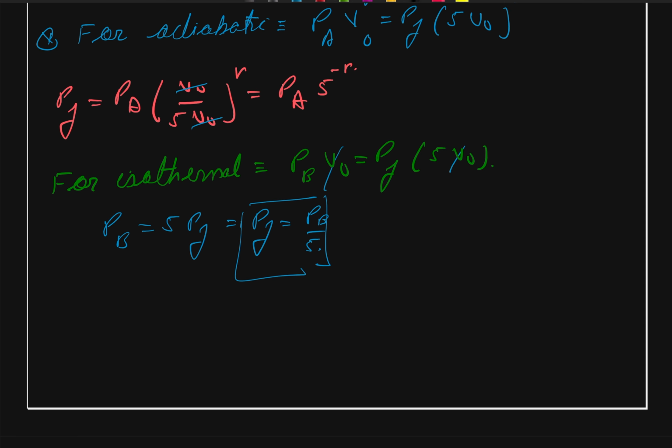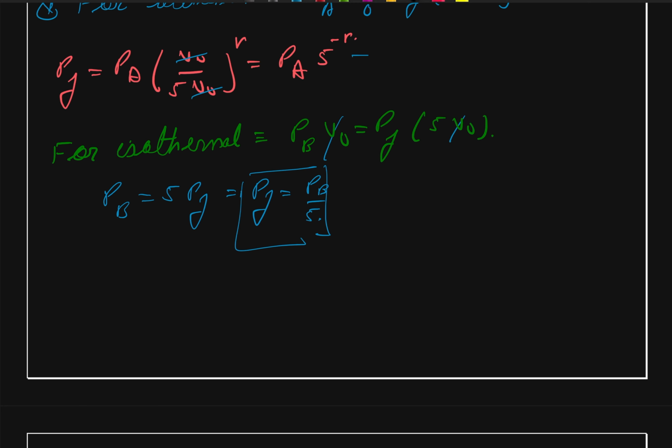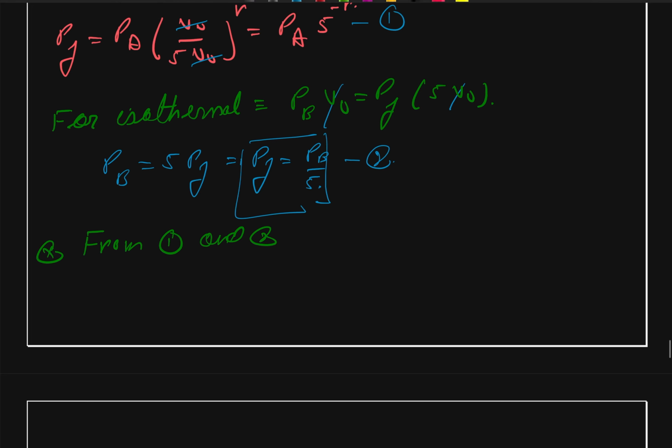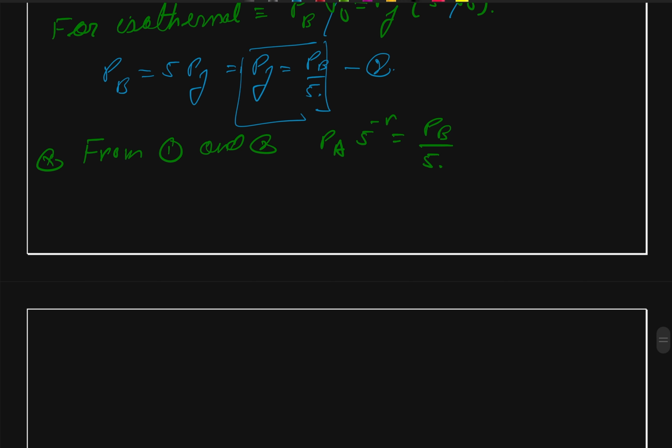And let us call this equation number 1 and equation number 2. From 1 and 2, we can write that our PA 5 raised to power minus gamma is equal to PB divided by 5. So we get from here that our PA is equal to PB and 5 raised to power 1 minus gamma.